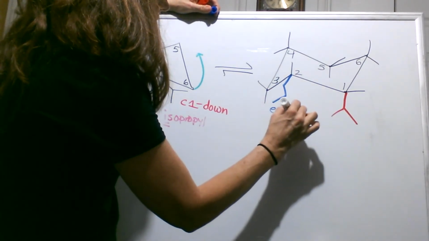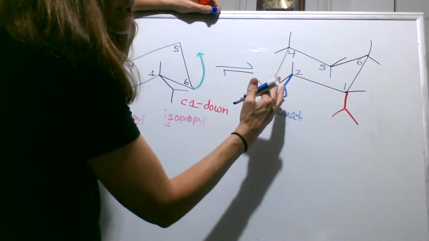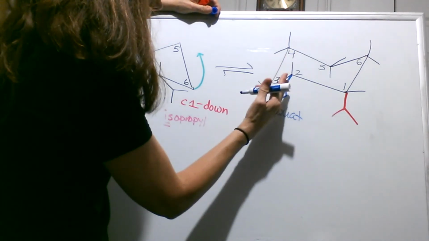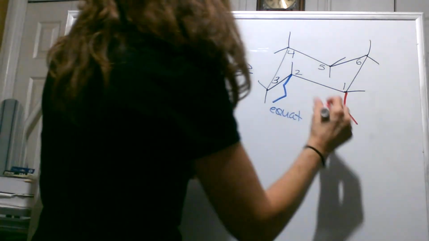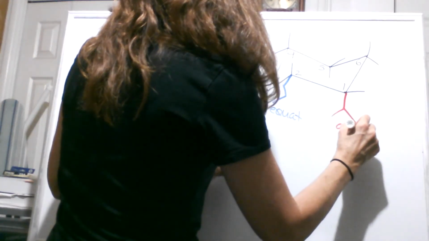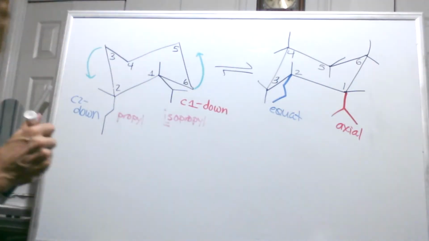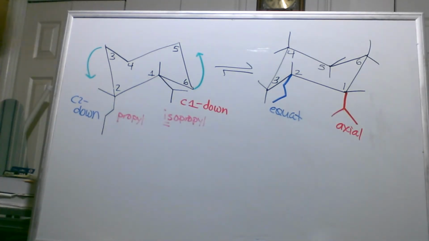This is an equatorial bond. It's just hard to see that clearly because of the way that long propyl group is. This one is clearly axial because you can see that equatorial bond here. So I just want to make that comment as far as how the ring flip turns out.